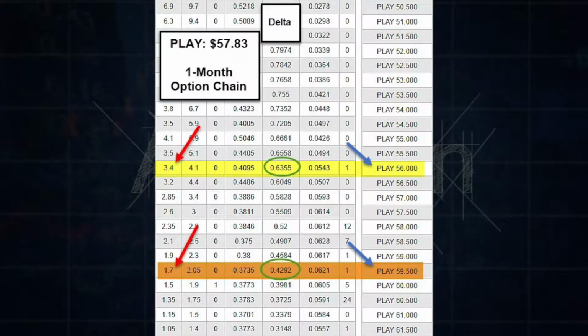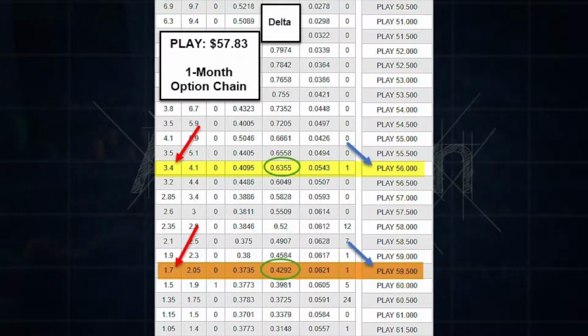You can see the 56 has a delta circled in green there of 63, and the 59.50 has a delta of 43. So the 59.50 would meet the criteria of the speaker for that webinar having a 40 delta. The 63 would not; it's too high.